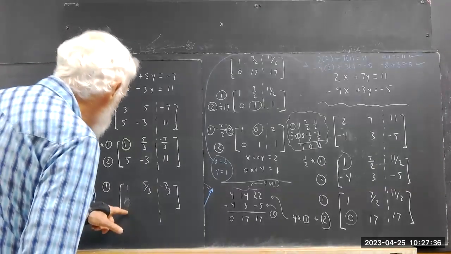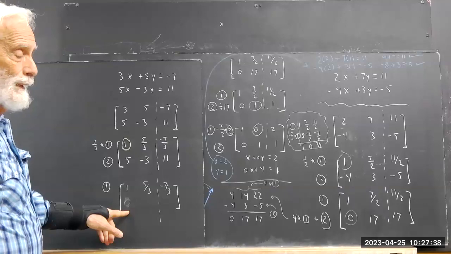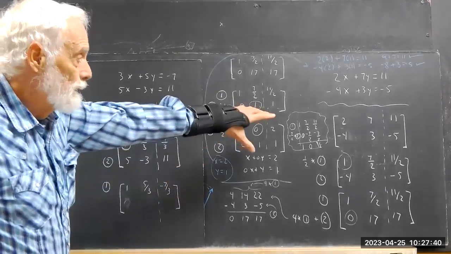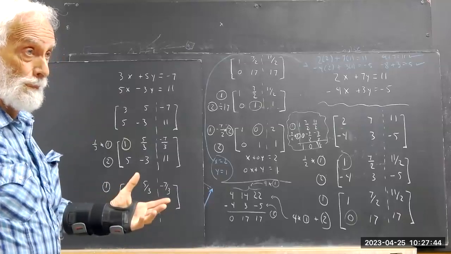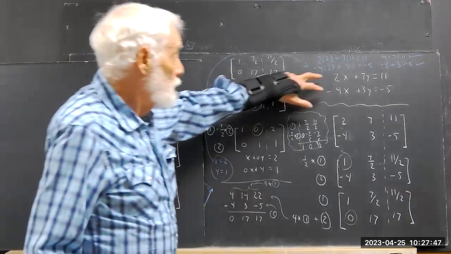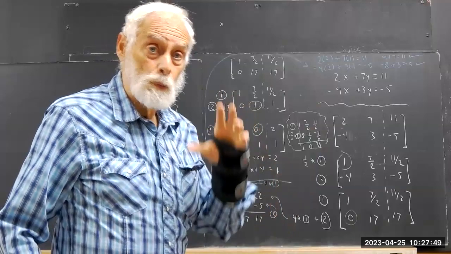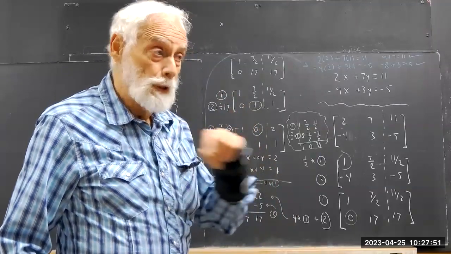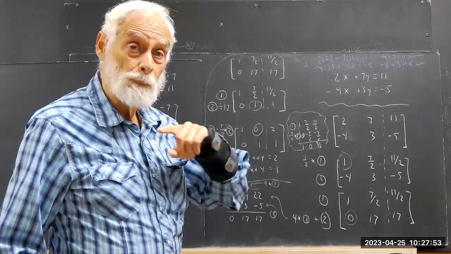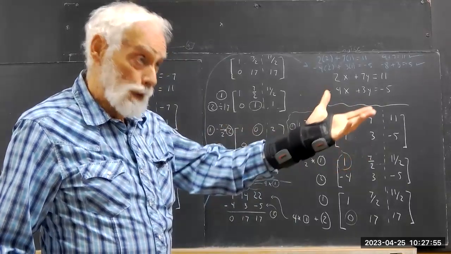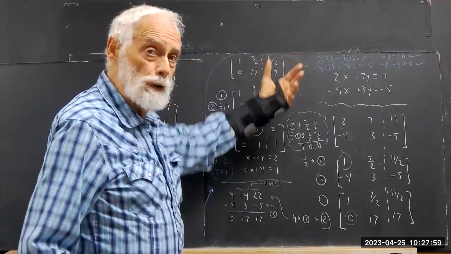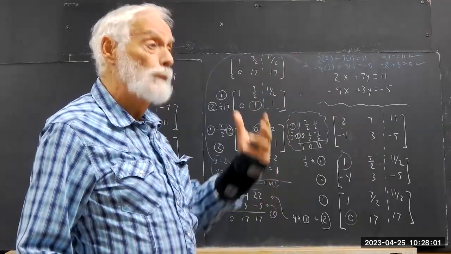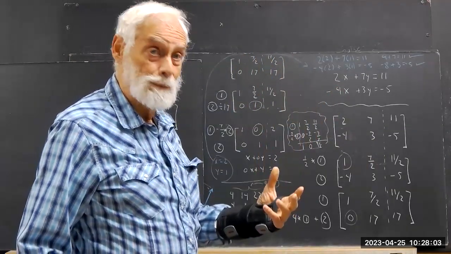Now, to get a zero here, we can't pull anything out of thin air. All we can do is what we already know that we can do with equations. Multiply an equation through by some number, or divide by some number. We can add one equation to the next, or we can add a multiple of one equation to the next.